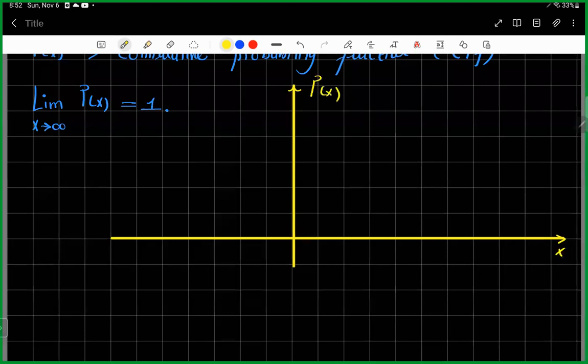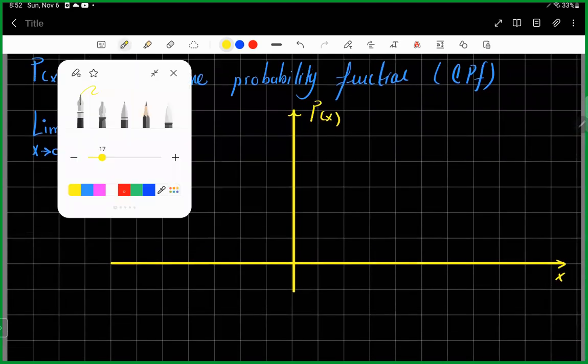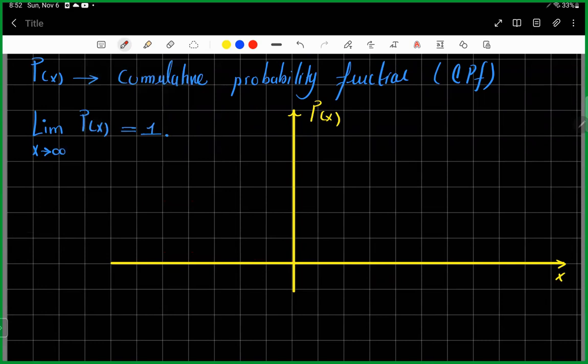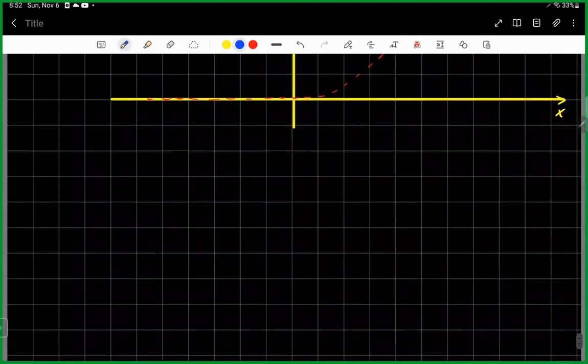So this cumulative probability distribution will look something like this. And in the limit as x tends to infinity, this probability distribution should converge to 1. Okay, very good.